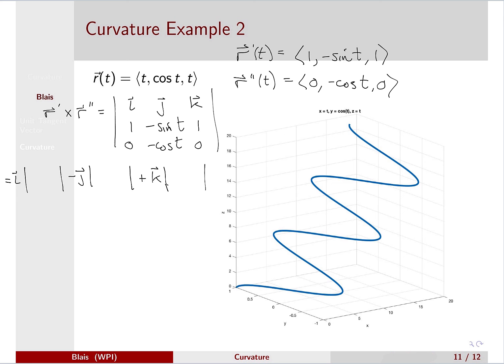So the 2 by 2 for i, erase the row and the column containing i. What remains is our 2 by 2. So we have minus sine of t, 1, minus cosine t, 0. For j, we erase the row and the column containing j, and we're left with 1, 1, 0, 0. And for k, we erase the row and the column containing k, and we're left with 1 minus sine of t, 0 minus cosine of t.